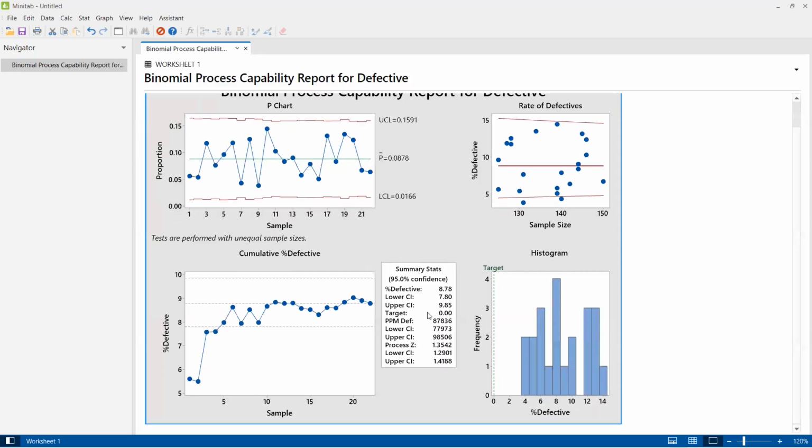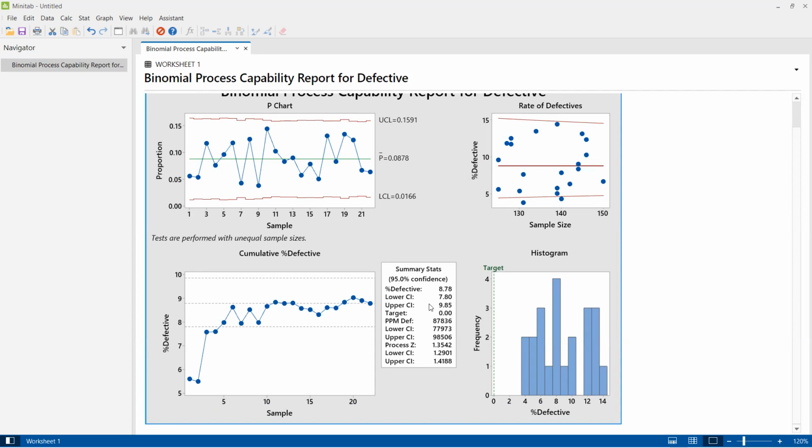As we calculated, the percent defective is around 8.78%, which is what we calculated mathematically. Statistically, it may range from 7.8% to 9.85% based on the 95% confidence level.